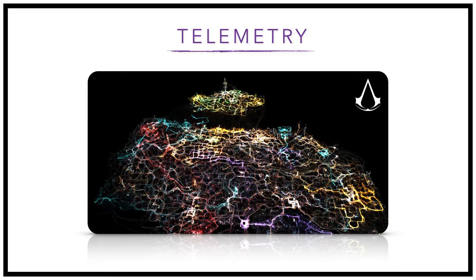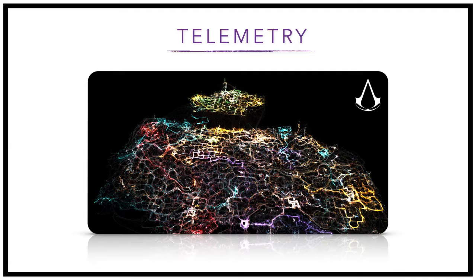So this example is from Assassin's Creed. I think it's the 3rd or 4th one, I'm not sure, it doesn't really matter. Can you guys see the colors all right on the screens? Maybe, yeah. Each line is the route that the player has taken.